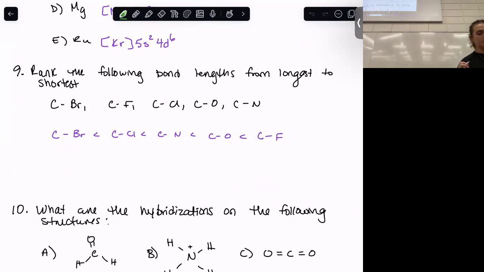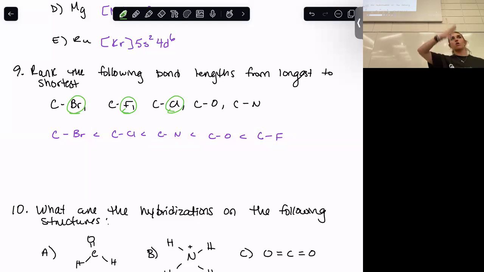When you're comparing things that are very similar in electronegativities, we still need to look at the trend for electronegativity and for atomic radius, right? Bond length as a definition is the length between the nuclei of your 2 atoms that are being bonded. Here, all of them are being bonded to carbon. When we look at bromine, chlorine, and fluorine by itself, where are those on the periodic table?